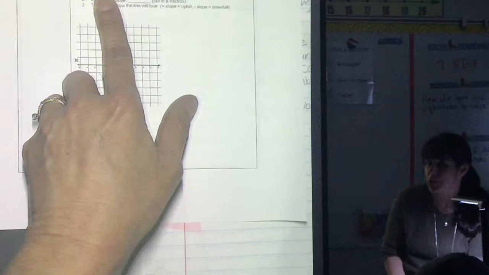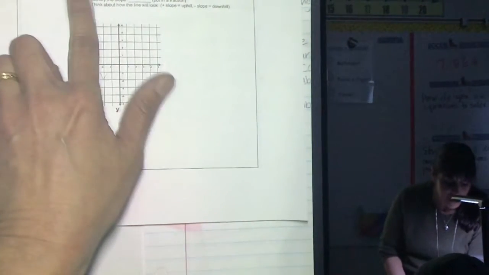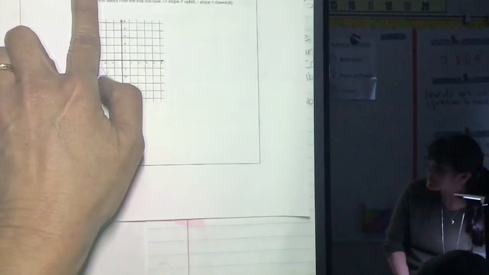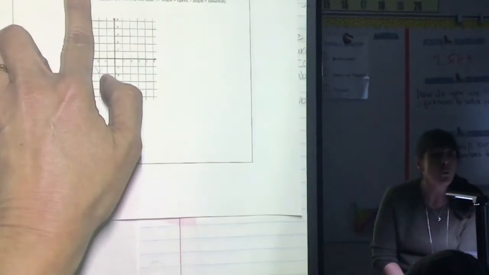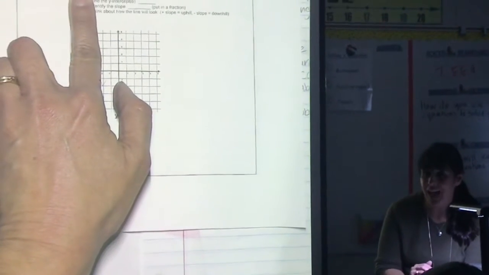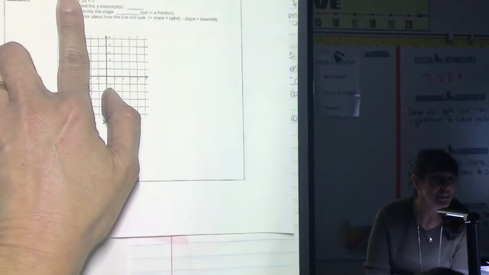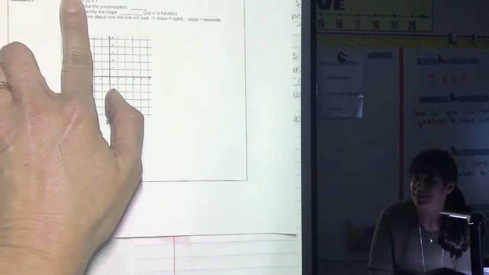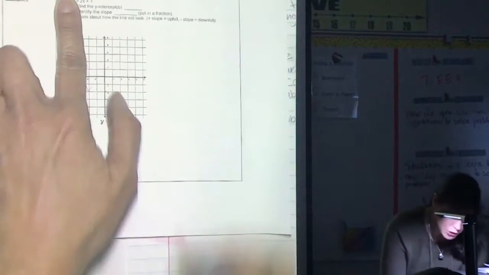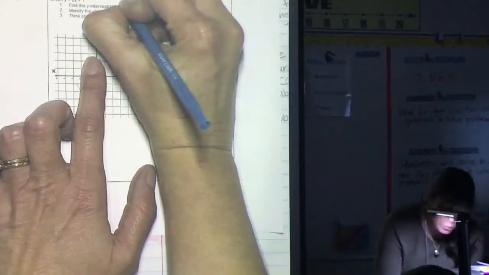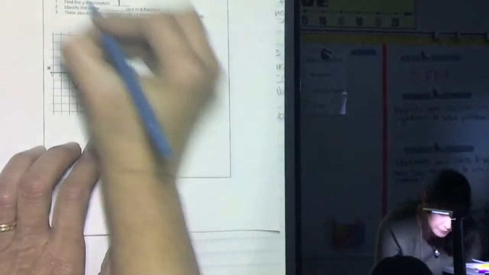So it's not attached, it's all by itself. So if you're looking at the side with the x, we have a 2x plus 1. What number is not attached to the x? So class, what number do you see isn't attached? 1. So that is your y-intercept, 1.